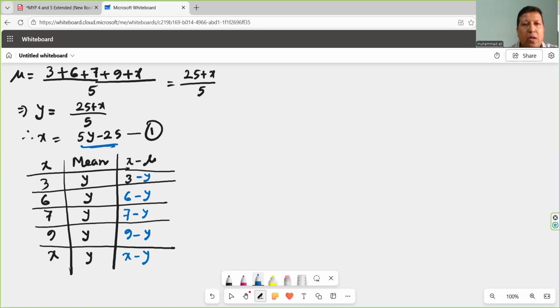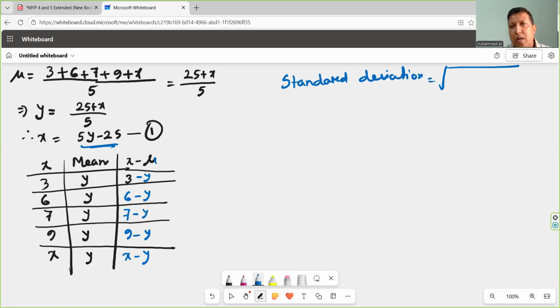Now, if you want to find the standard deviation, the formula is root over summation xi minus mu whole square by n.